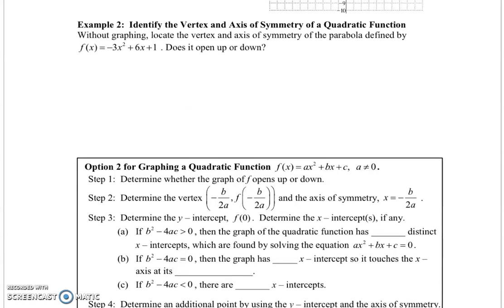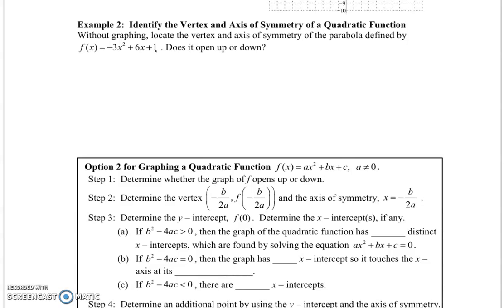We take our equation, complete the square, and decide whether it opens up or down, and then figure out the vertex and the axis of symmetry after we get it in vertex form. So let's look at negative 3x squared plus 6x plus 1.